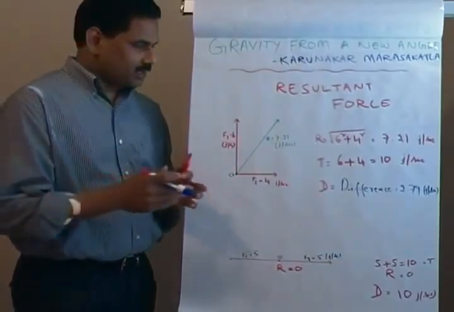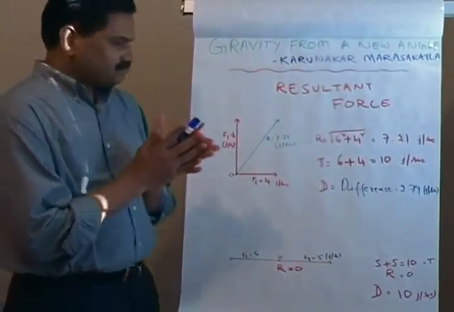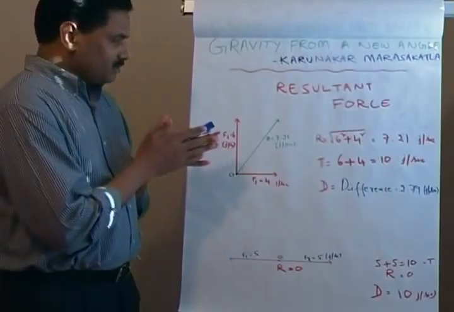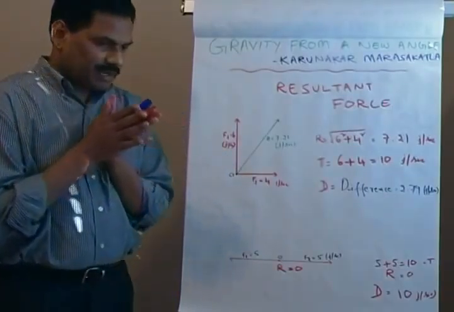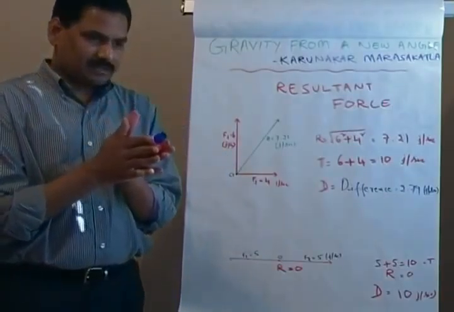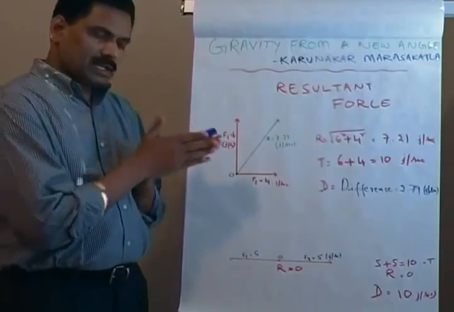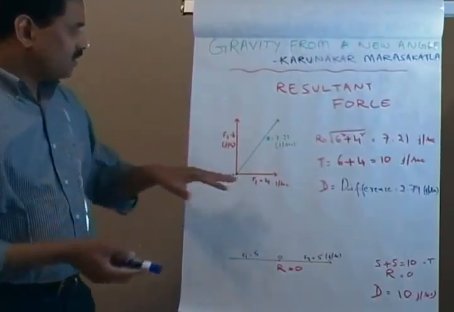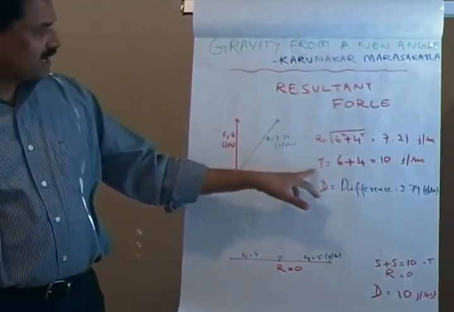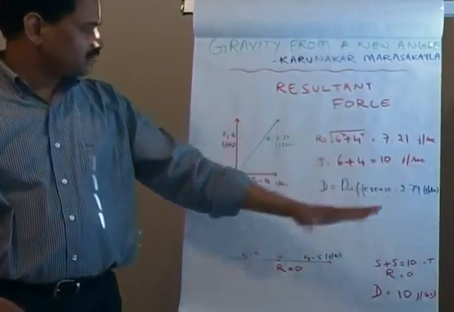Here you see the clear conflict between the total amount of energy being expended in a second and the total work being done in the system. The total energy is 6 plus 4, 10 joules per second.